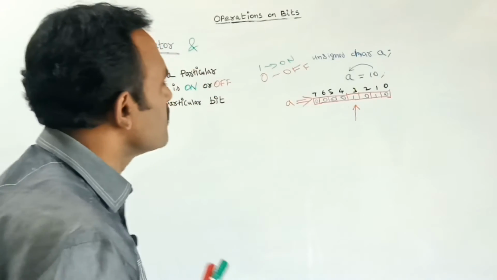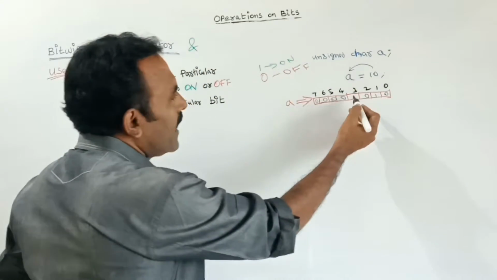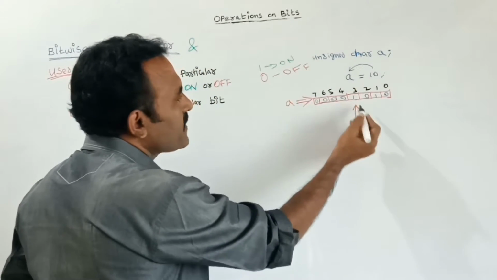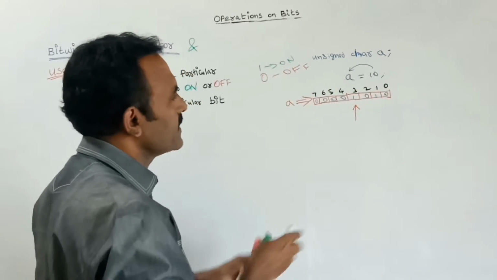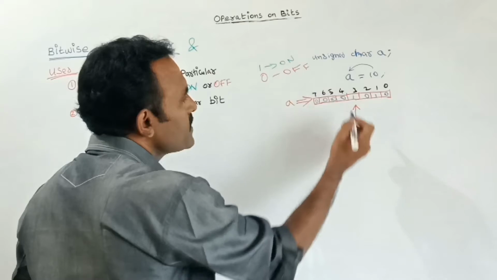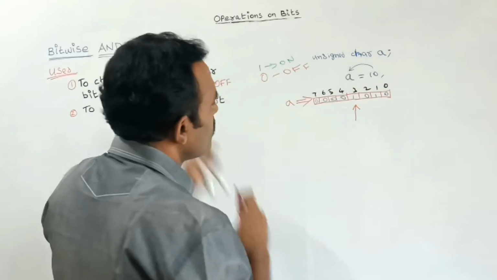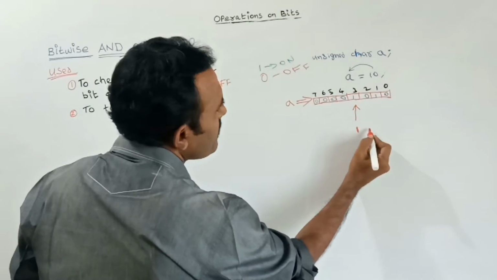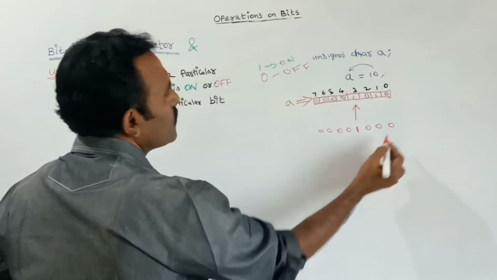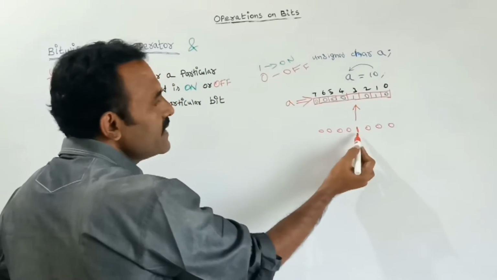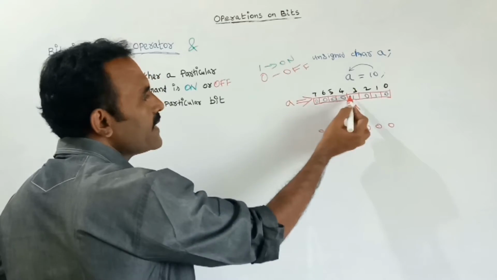For example, I want to find whether this third position is on or off. For that, I should create the mask value like this: the third position value is 1, and every remaining bit value is 0. So this is the mask value for finding the third bit.